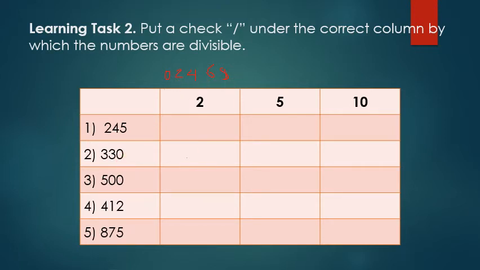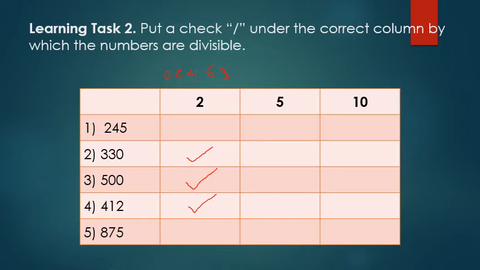Yes. How about 500? Nagtatapos sa 0, so divisible by 2. Ang 412, nagtatapos sa 2, so divisible sa 2. Ang 875 ay nagtatapos sa 5 at wala pong 5 dito sa divisibility rules by 2, so hindi siya divisible sa 2.